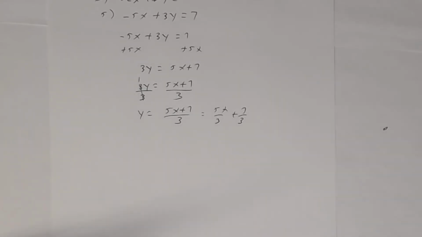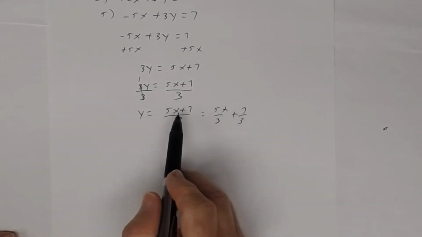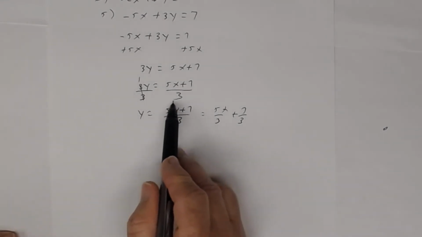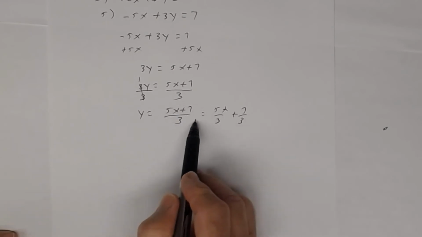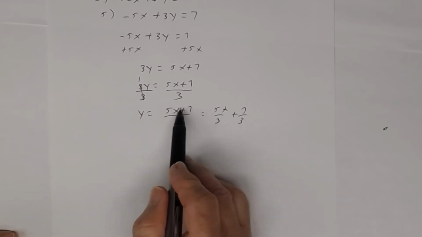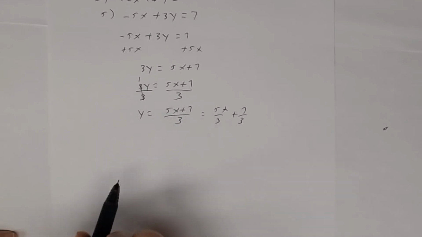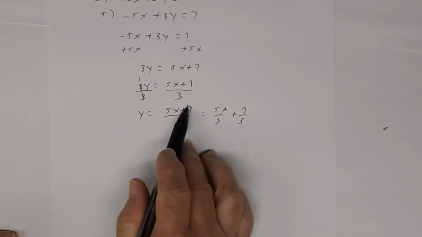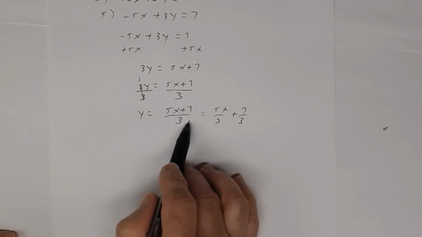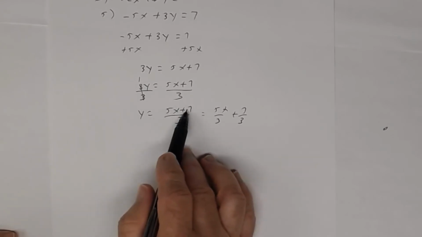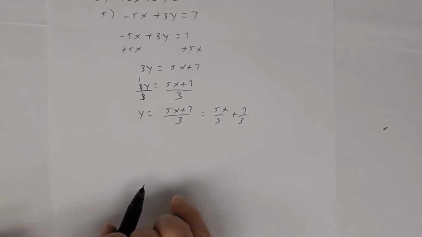So if you want this right here to be an integer, you got to find a numerator that's divisible by 3. I'll say it again. If you want this to be an integer, you want the numerator to be divisible by 3.